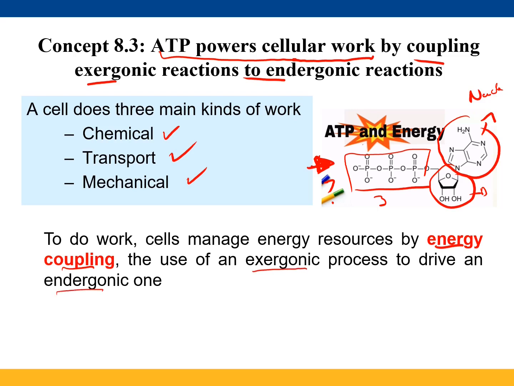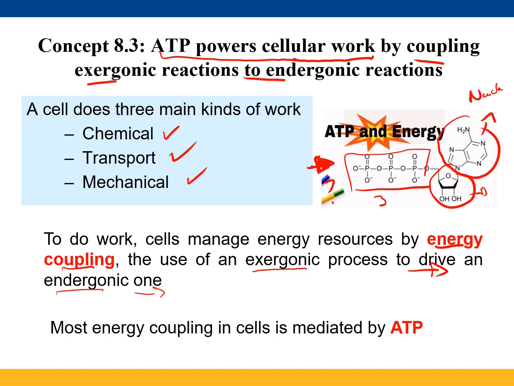So the exergonic process drives an endergonic process. A chemical reaction that releases energy will be coupled with an endergonic reaction, or a chemical reaction that absorbs energy. And most of this coupling is mediated by the molecule of ATP.